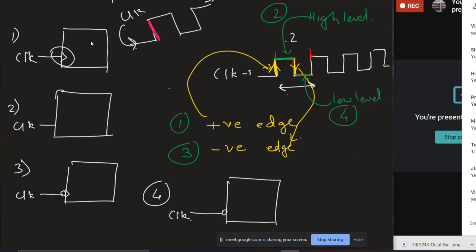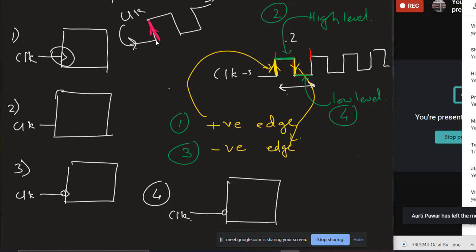This is what it means. Whenever I say clock is present, I must see if it is rising edge, positive edge. The clock has to be at this transition, low to high transition. Then only your output will change according to the input, and the rest of the time, that is high level, low level or lowering edge, the output will not change.